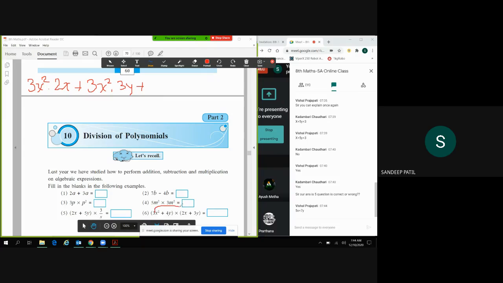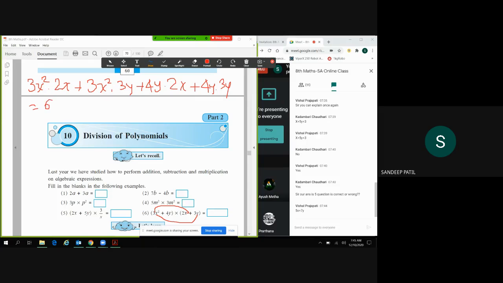What I did is I first multiplied this first term, and then multiplied it with the second term of the second bracket. Okay, so what is remaining now? 4y into 2x plus 4y into 3y. Okay, so now we can do multiplication.